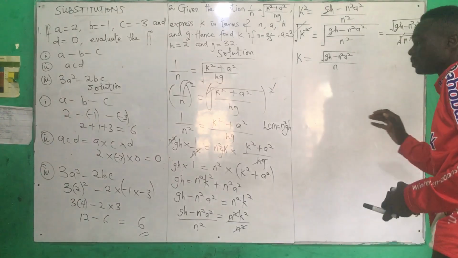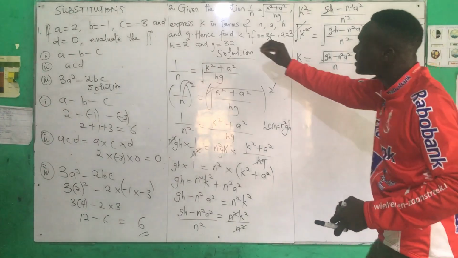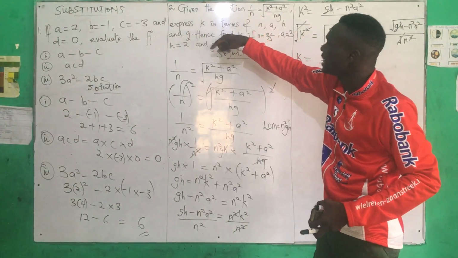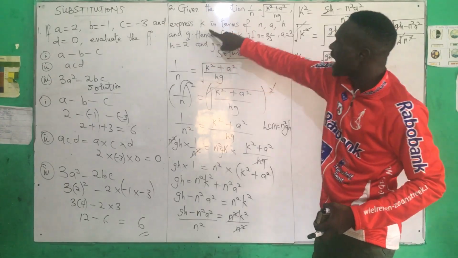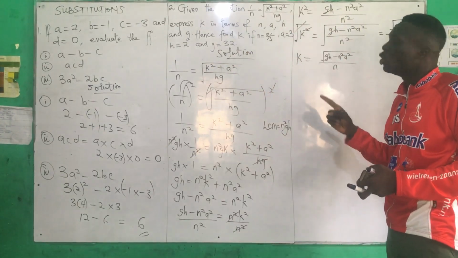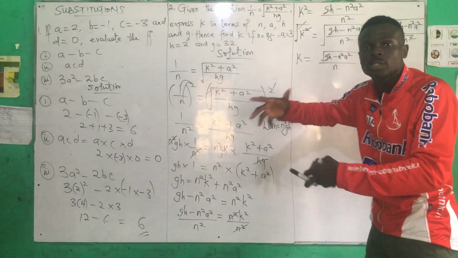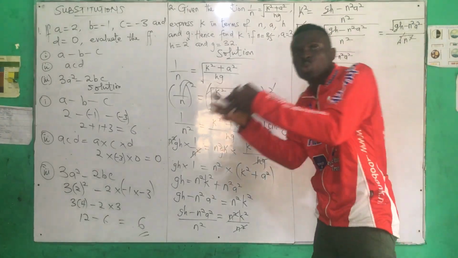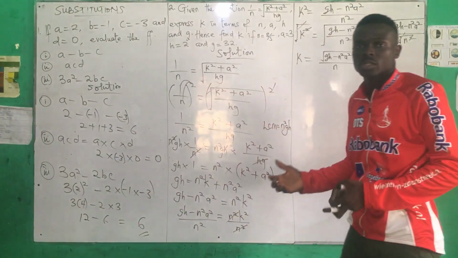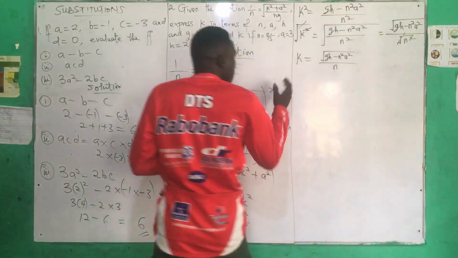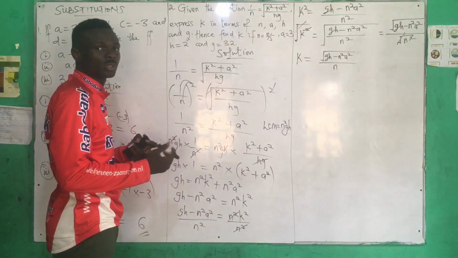Totally wrong. So first, what the person is demanding is to express k in terms of the other variables. Don't begin by what? Substituting. If you have been asked to do something before you substitute, do that first. So we have been able to express k in terms of the variables.